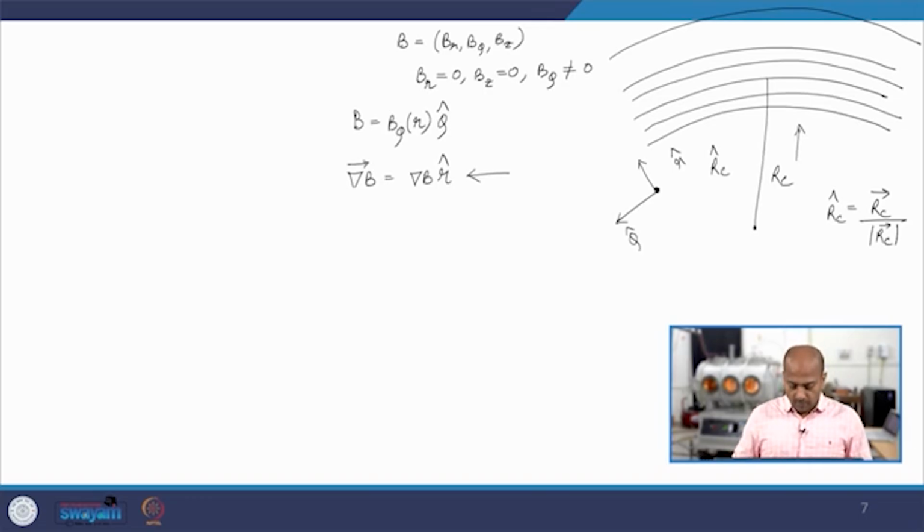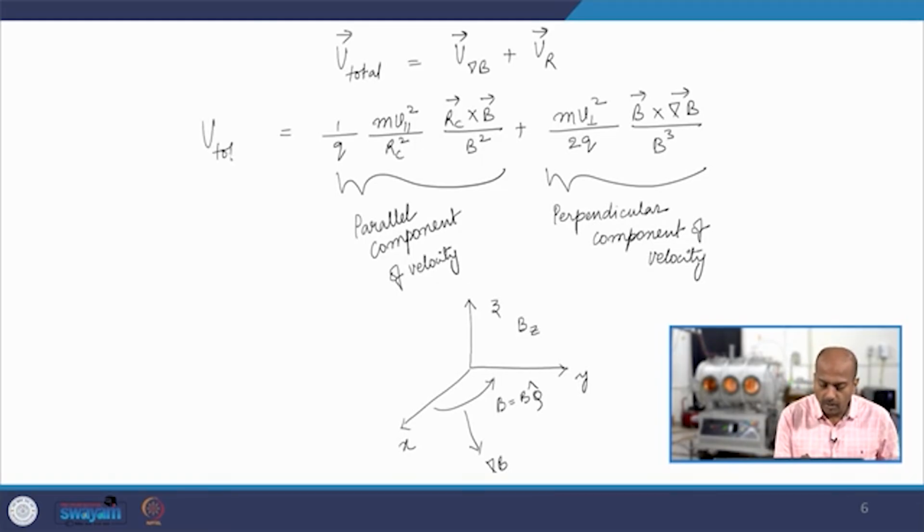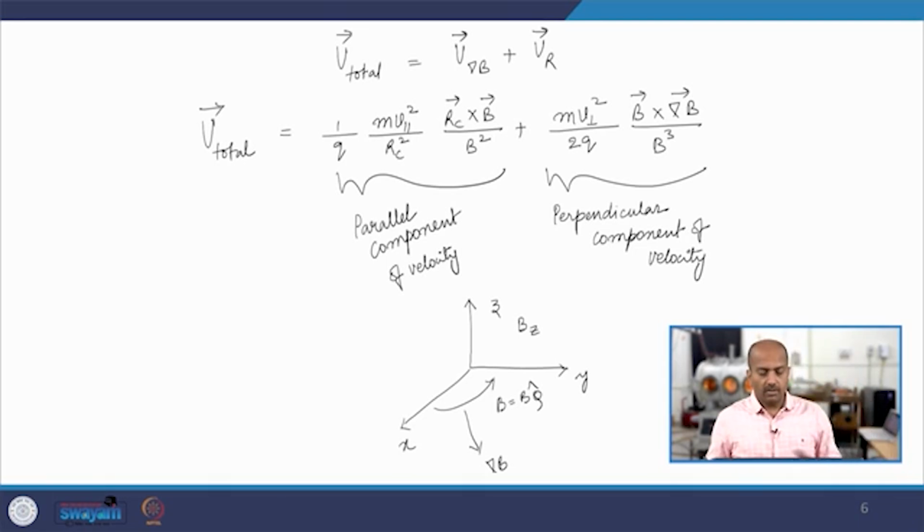Now, if you are wondering what I am actually doing, we have obtained an expression for the total drift. This is V total. The first part is given by the curvature and the second part is given by the gradient.